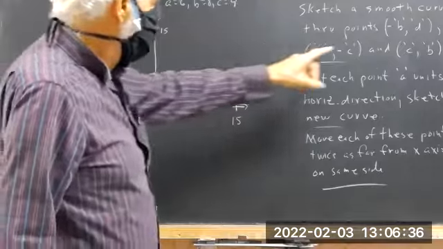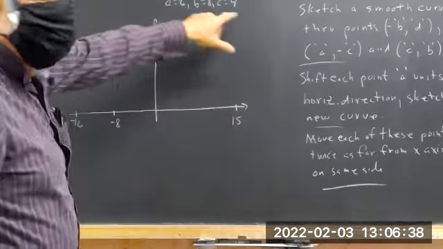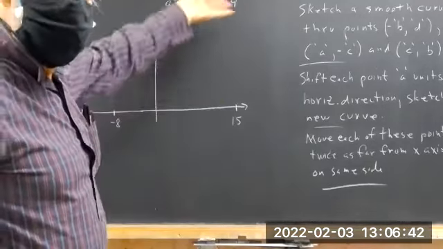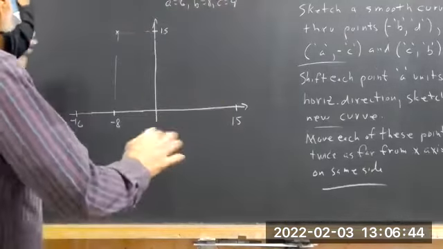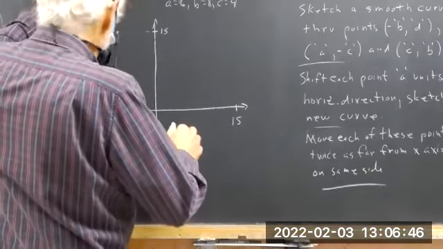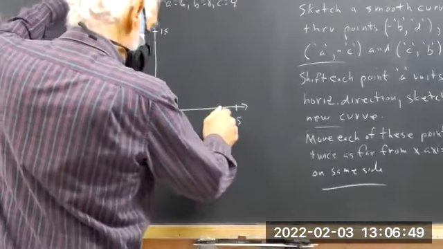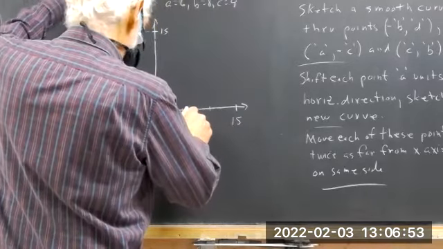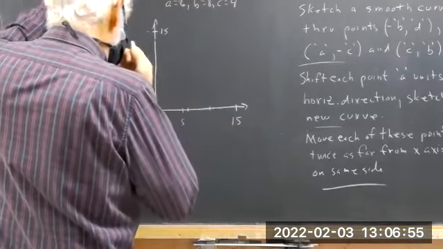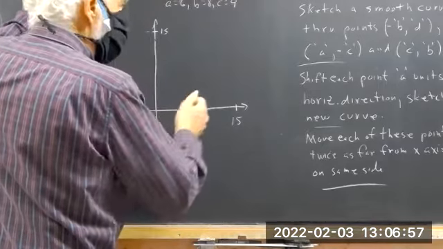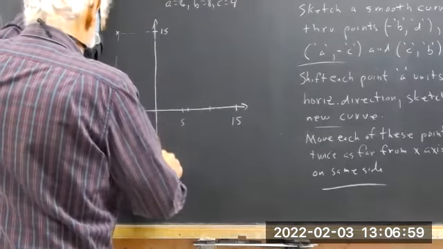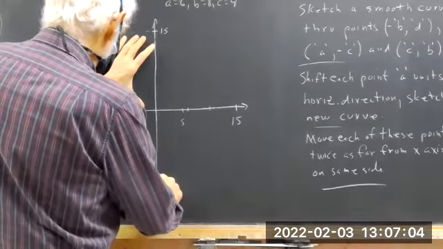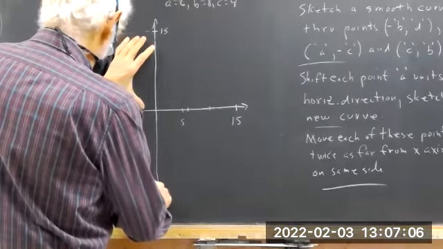Then you have A negative C, which would be 6 negative 9. In my case, if those were my numbers. Okay. So A would be 6. Well, 15 is here. So I kind of divide this into thirds. So this would be 5. So 6 would be about here. Then we go to negative C, which would be negative 9. Well, if 15 is here, I could say, okay, well, this would be negative 15.